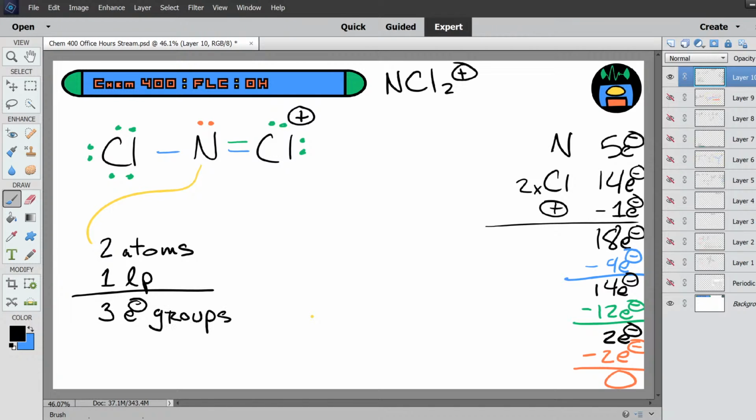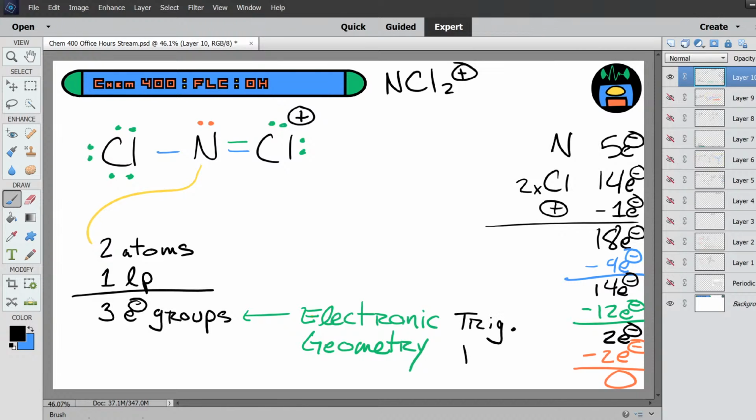which means the electronic geometry is trigonal planar.